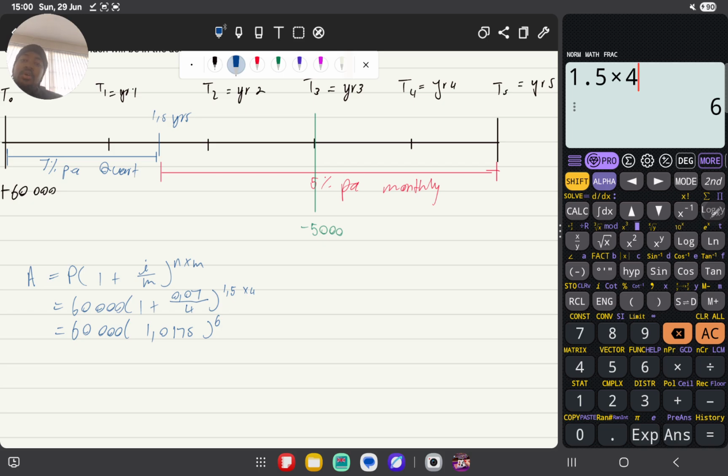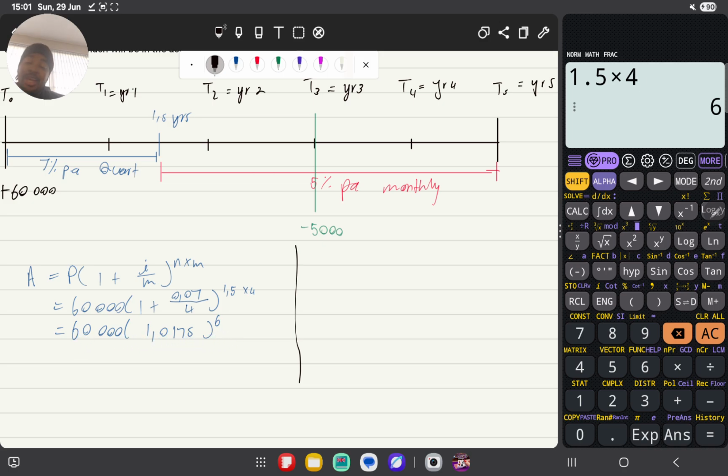So now remember that this money is still in the account, and we still have another 3.5 years remaining, so we're gonna now make calculations for that. Cool. So I want to make this as easy as possible.